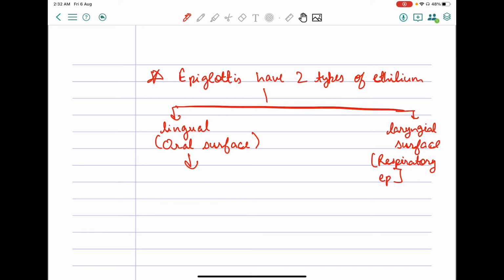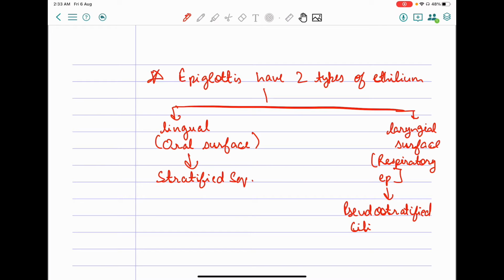I told you in the previous lecture also, and right now, that it is stratified squamous. All right. And respiratory, I also told you in the last lecture. Did you know? That is pseudostratified.